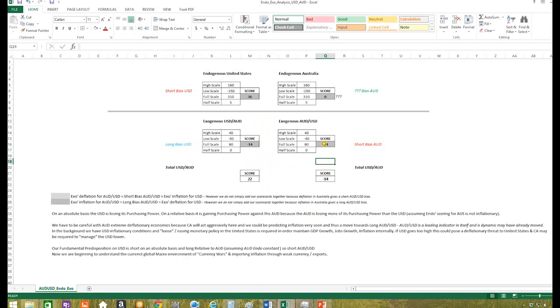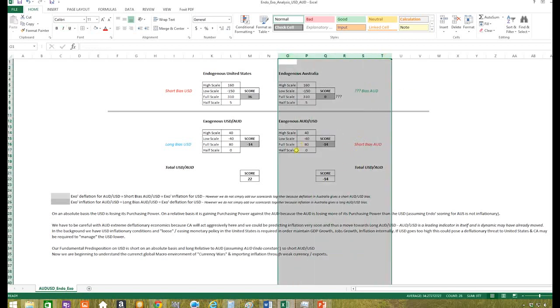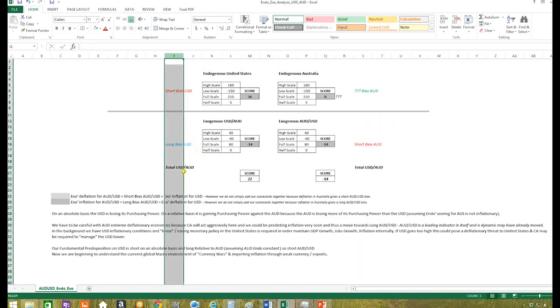Well, the negative contribution scorecards across are the same for the US dollar, because if we have a short bias in the Aussie dollar on this side, we have a long bias in the US dollar on this side, because with the dynamic relativity principle, you can't sell Aussie dollar without buying US dollar if you sell the Aussie dollar US dollar exchange rate.